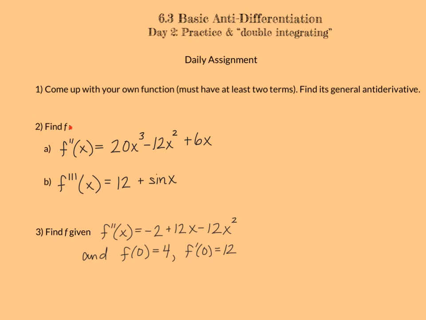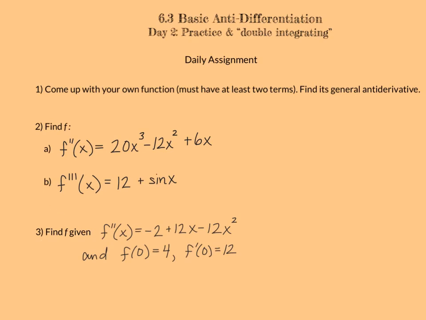For number 2, you are taking antiderivatives. Please note that in part B, I'm giving you f triple prime. We have not done one from triple prime, but essentially think about how you get back to f, right? It's the same idea. You just have to antiderive 3 times. So it's a good challenge.